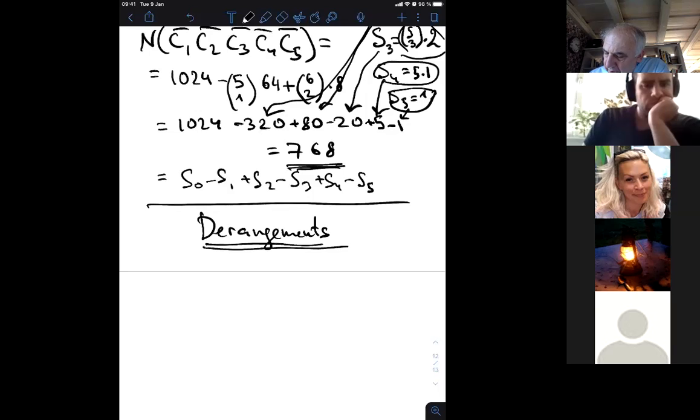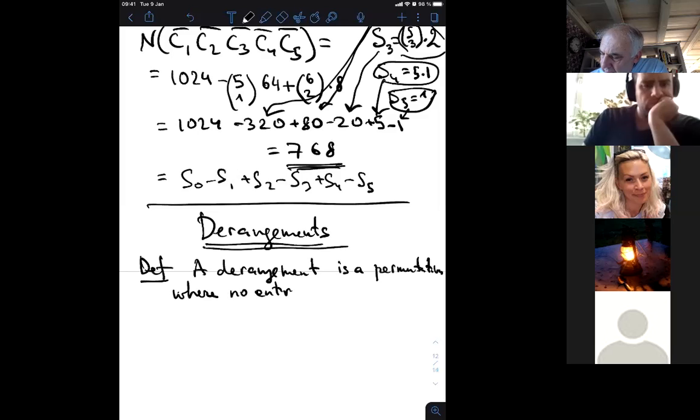So first of all, we'll start with the definition. A derangement is a permutation where no entry stands on its place.